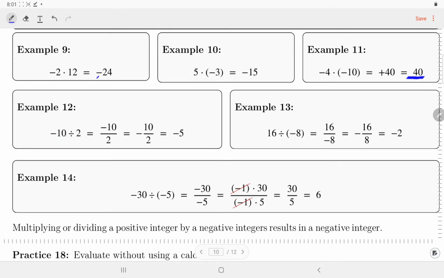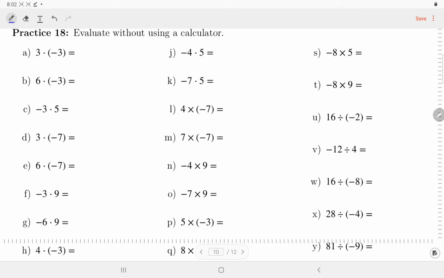Negative 10 divided by positive 2, which can be represented as a fraction, results in negative 5. And positive 16 divided by negative 8 gives negative 2. Dividing negative 30 by negative 5 gives positive 6.